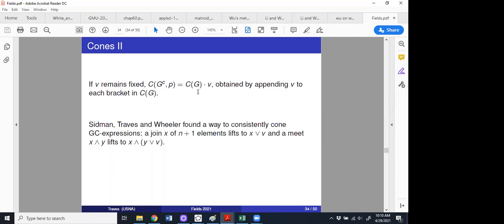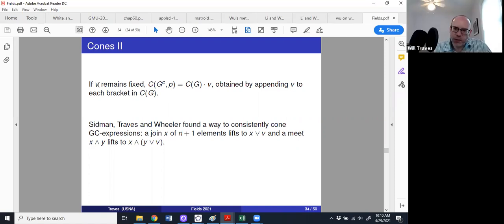You make the bracket one bigger, and that's it. This is assuming that the vertex you're coning over remains fixed, so that there are no infinitesimal motions of that vertex allowed.